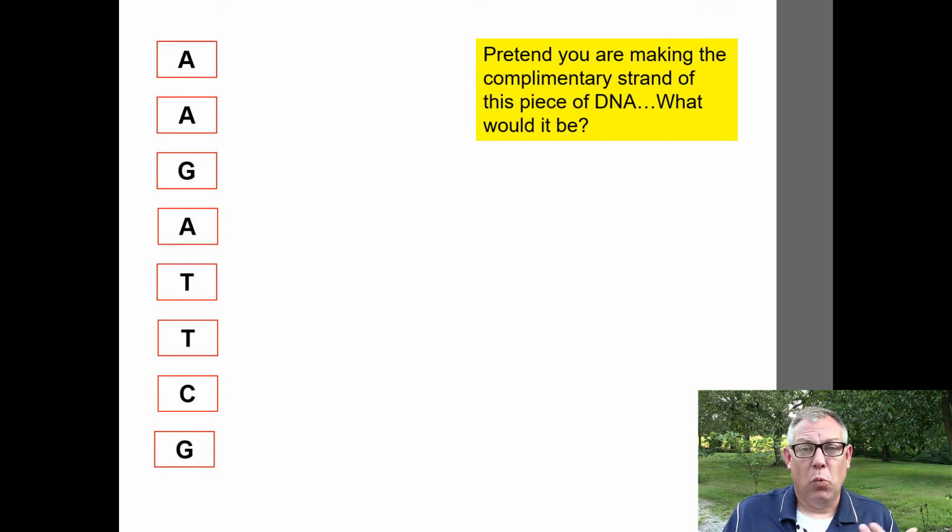Okay, let me give you an example of one way this could happen. Let's pretend that you're making a complementary strand of a piece of DNA. So here I've got a single strand of DNA. I need to make its complement, right? What would it be? So in your mind, what nucleotides would make up the complementary strand? A's with T's, C's with G's, right?